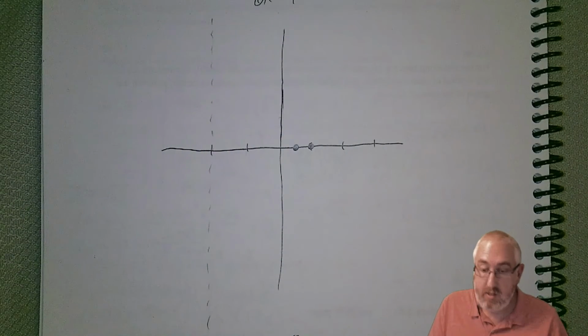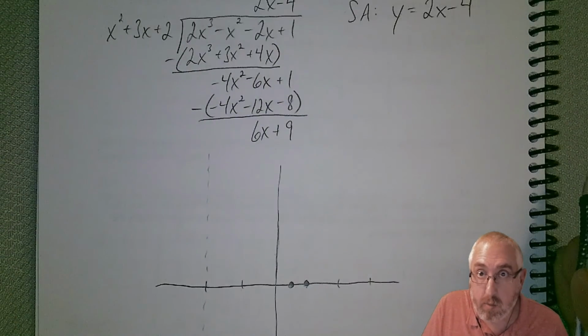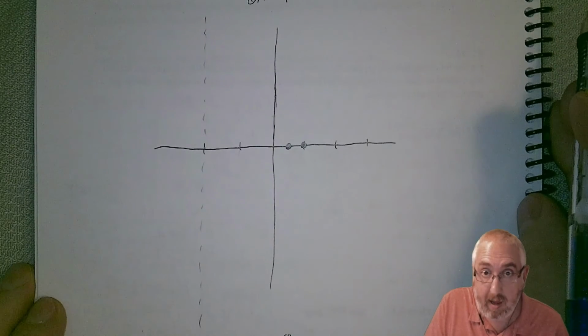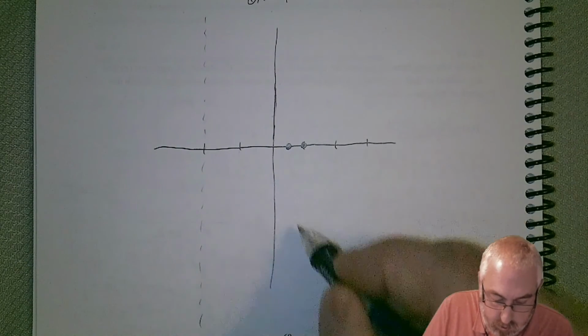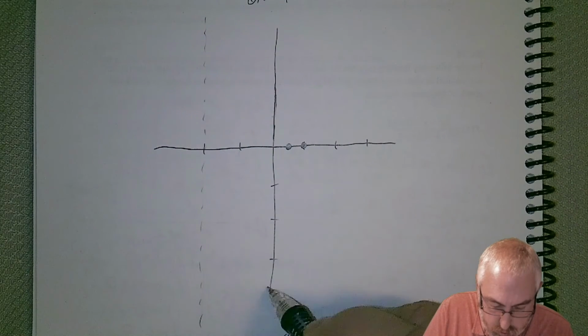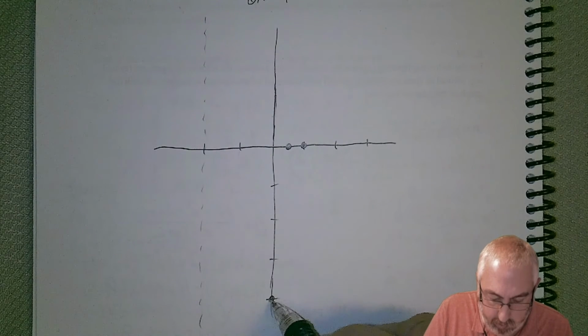Now, as far as the slant asymptote, remember the slant asymptote was y equals 2x minus 4. So we can graph that in here. So we have a point here.